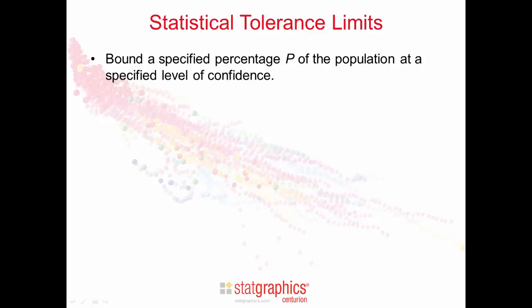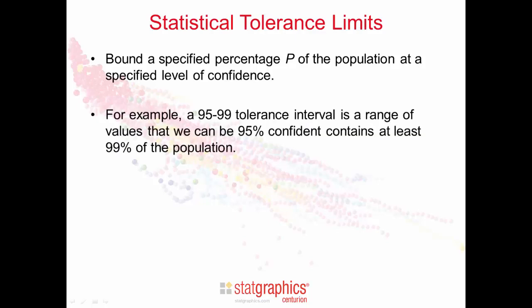Statistical tolerance limits bound a specified percentage of the population of items I'm producing at a specified level of confidence. For example, a 95-99 tolerance interval is a range of values that we can be 95% confident contains at least 99% of the population.